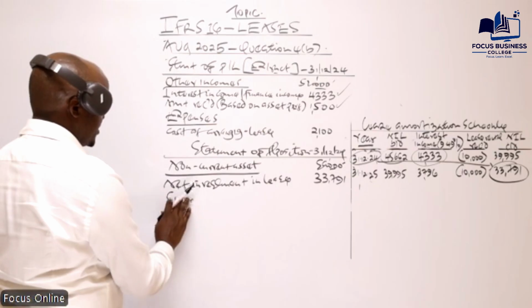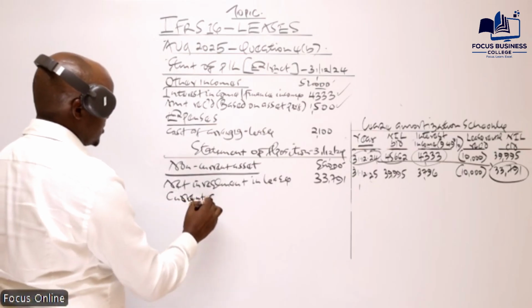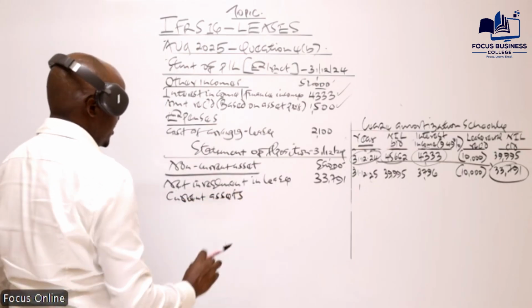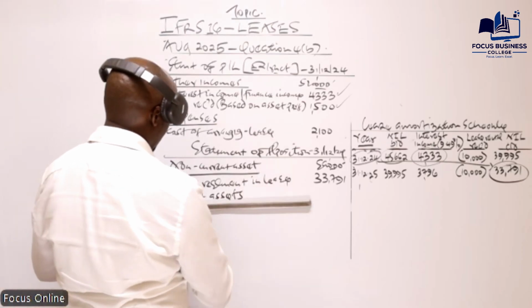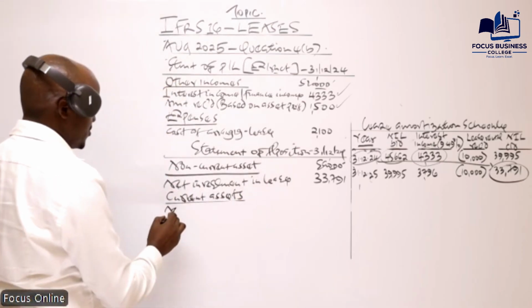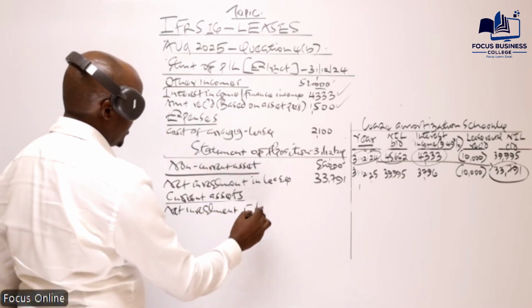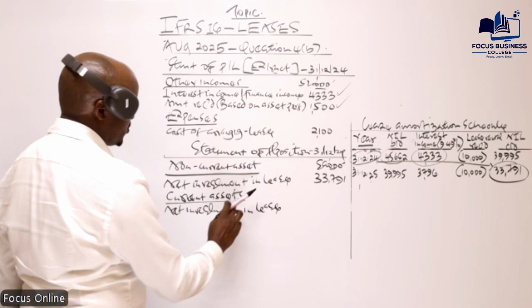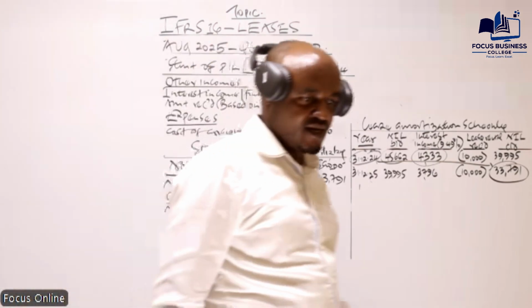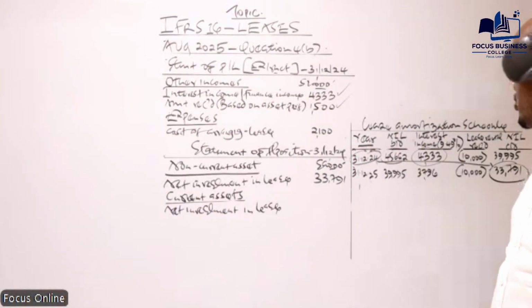Still, under the current assets, we will also recognize, or our company is supposed to recognize, the net investment in the lease, of which the amount to be recognized as a current asset in the first year should be the difference between these two values here.